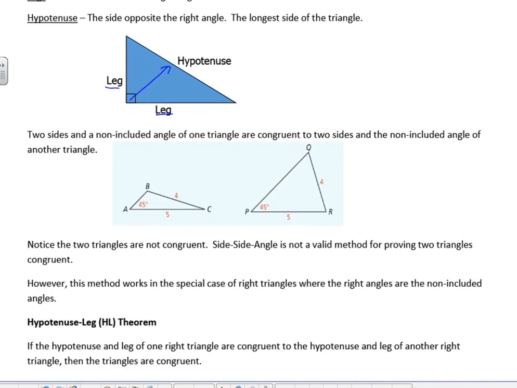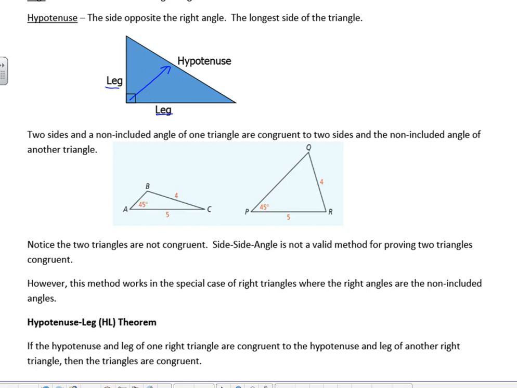There's a problem we've talked about before. If two sides and a non-included angle of one triangle are congruent to two sides and a non-included angle of another triangle, then we can't prove that those two triangles are congruent.